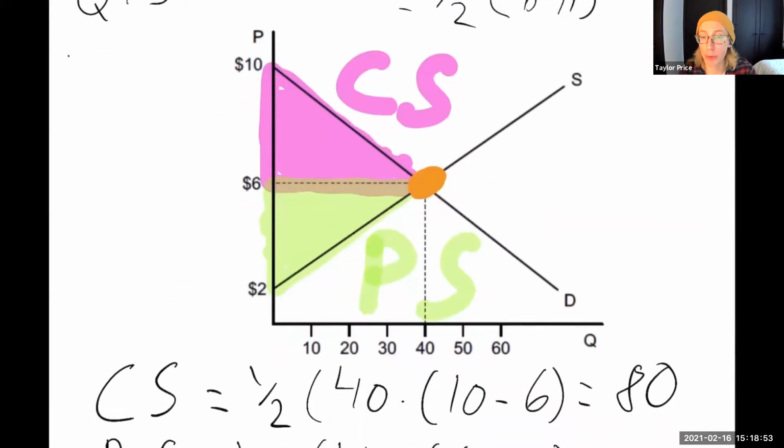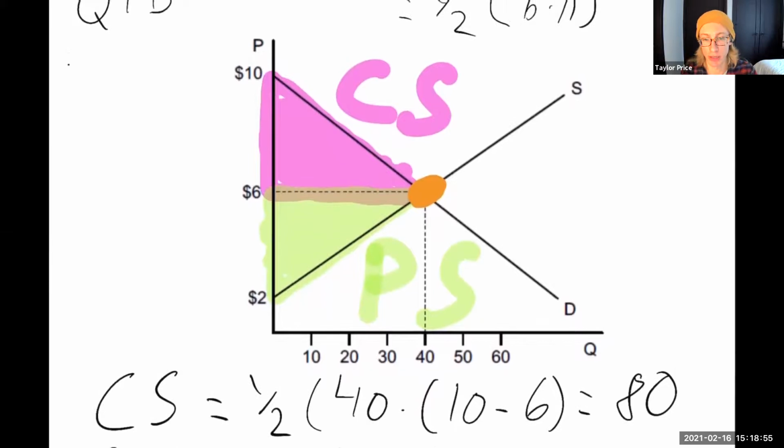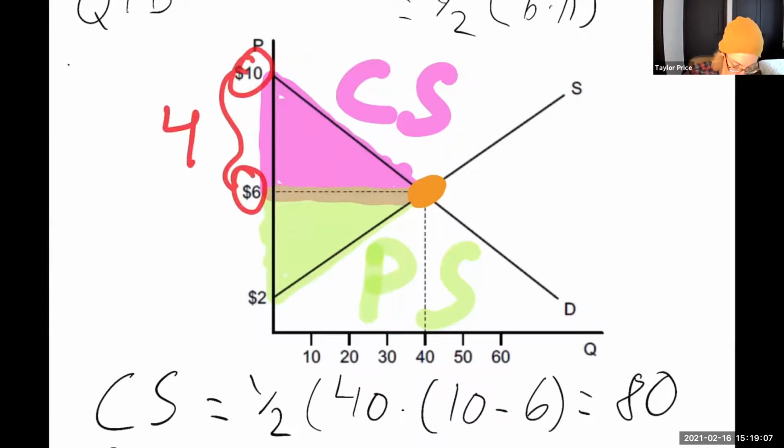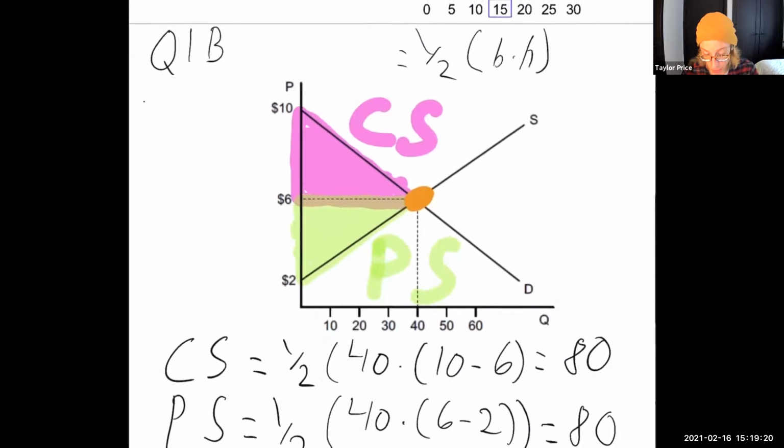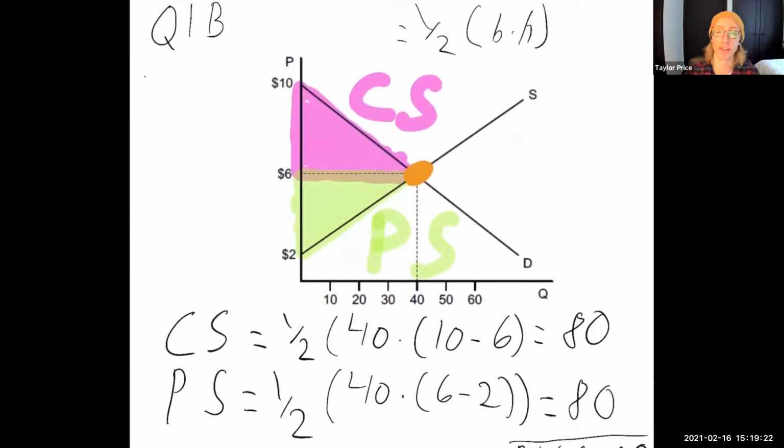All we need to do is take the quantity, which is this point right here, and the price differential. In this case, it's going to be 4, and in this case, it's also going to be 4.